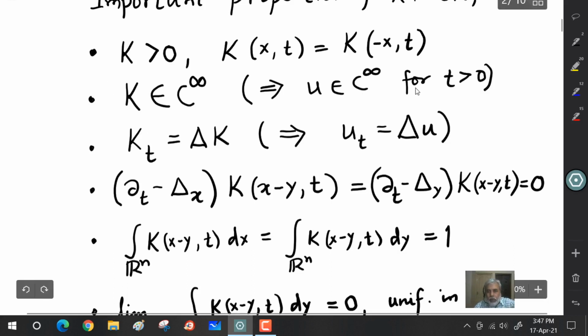And in this region again, the fundamental solution satisfies the heat equation.